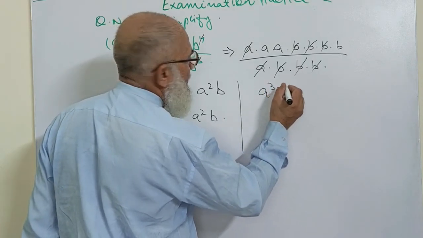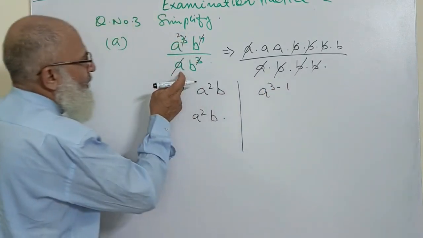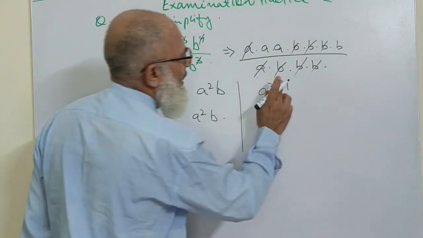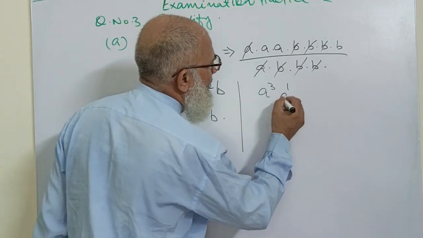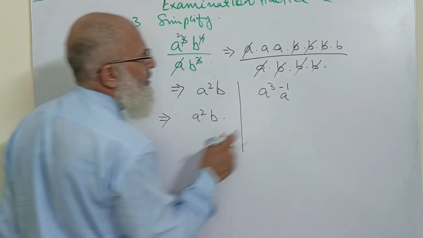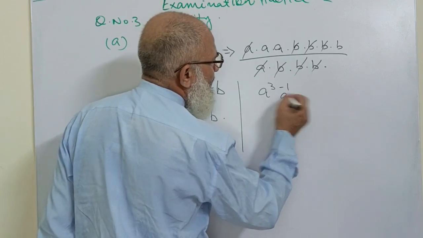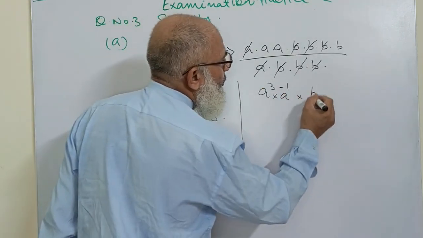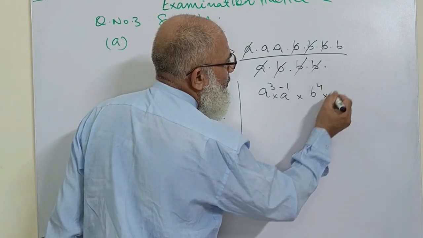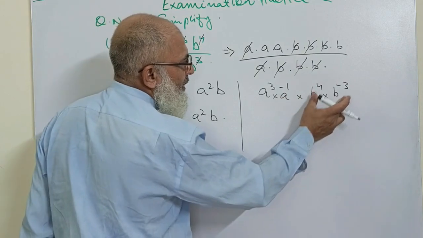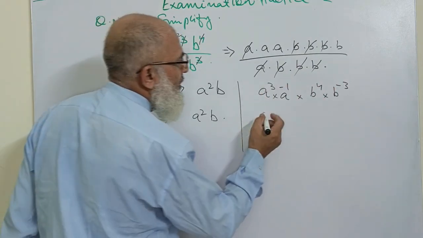A cube minus 1. You bring this A up, or you can also do it like this. There are many ways. There are 100 ways of doing this question. And multiplied by, now this is multiplied B4 into B minus 3. Now bases are same with different indices.